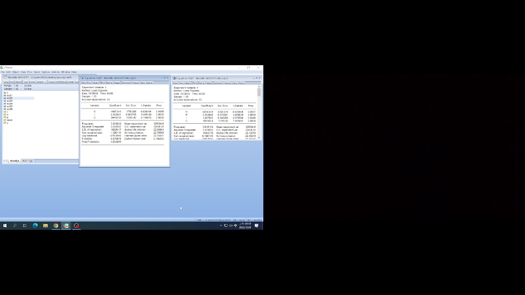Therefore, in this case, you omitted one important variable. You may not know. Here, just for teaching purposes, I tell you this is the correct model, but this is your estimating model.